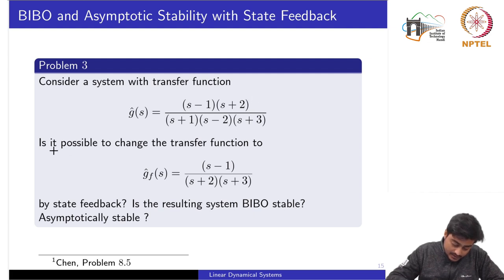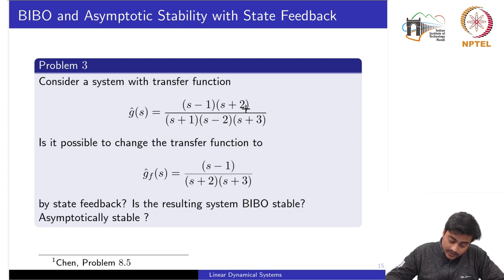Now the question asks whether it is possible to change the transfer function to this one by state feedback. If you recall, in the lecture slides we said that the controllability property is invariant under state feedback, and the numerator polynomial is unaffected by state feedback.